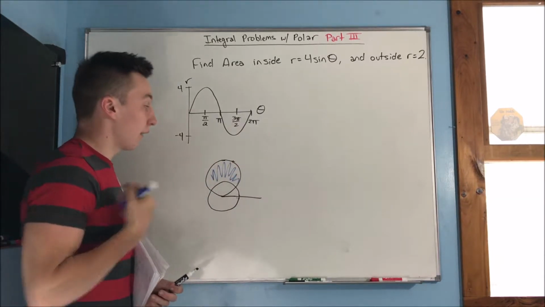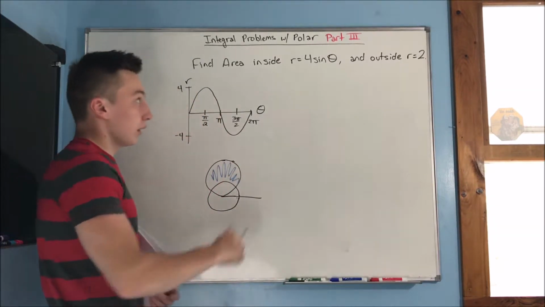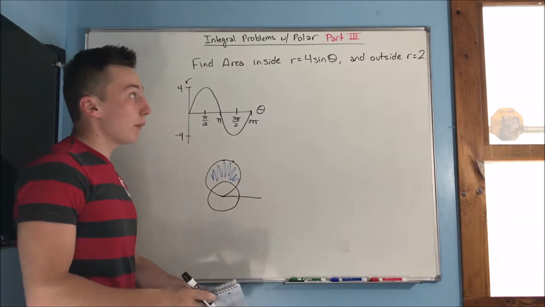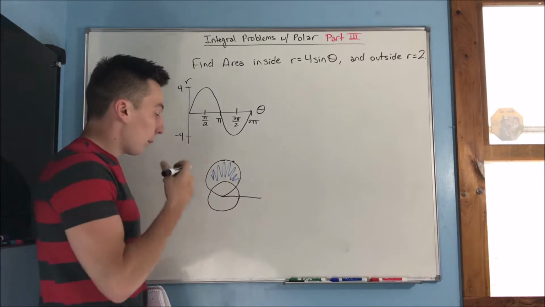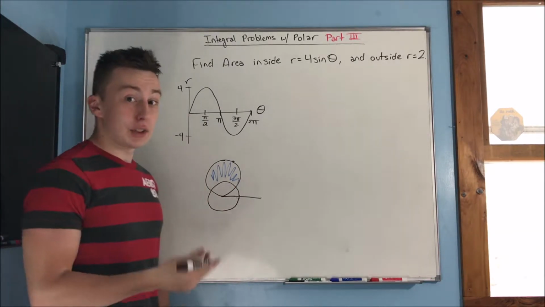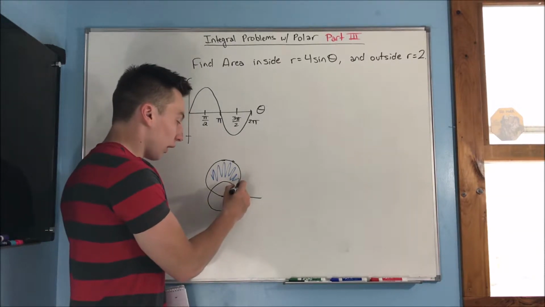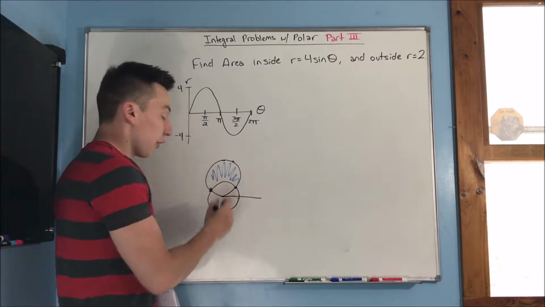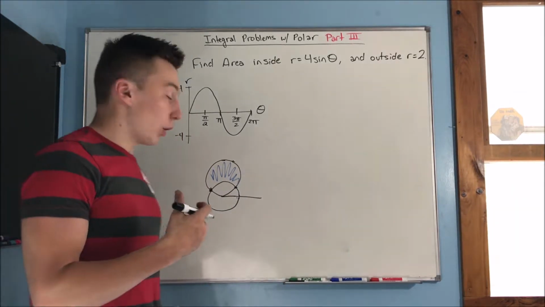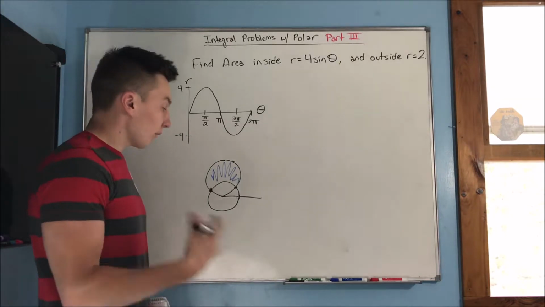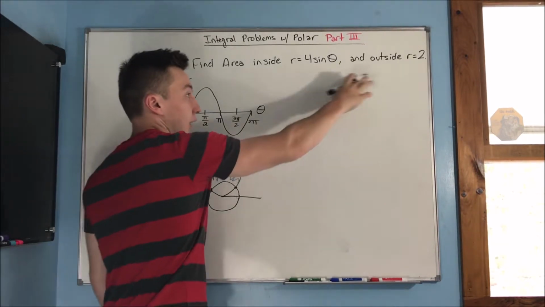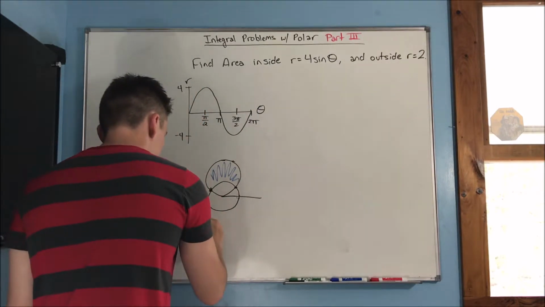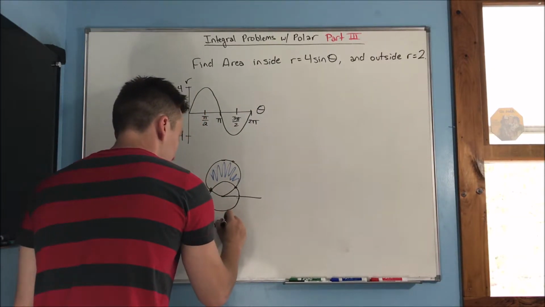So we can see that our top function is going to be r equals 4 sine theta, and our bottom function is going to be r equals 2. All we have left to find before we can actually do our integral is figure out what our endpoints are. Remember, these are theta endpoints, so we have to figure these out. All we have to do is figure out where 4 sine theta equals 2, for what theta values.